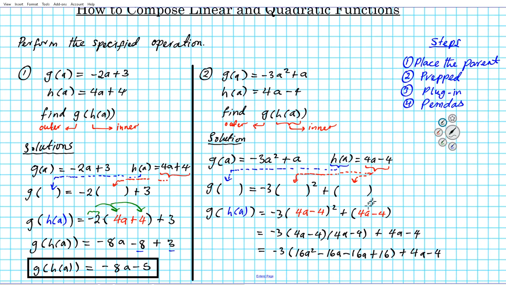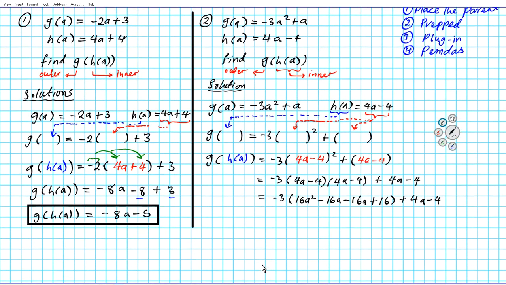All right, we're still on the PEMDAS track, so we still have to finish off with the parentheses before we multiply the negative 3, okay? So if we do that, we're going to have negative 3 times 16a squared. So combine this middle term, you have negative 32a plus 16 plus 4a minus 4, okay?